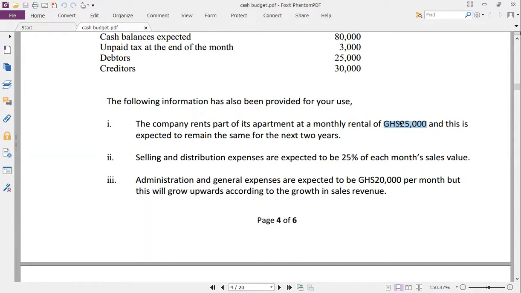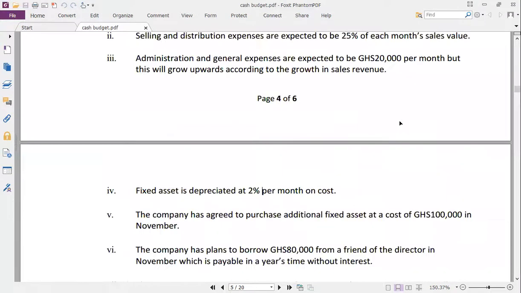Selling and distribution expenses are expected to be 25% of each month's sales value. So we find 25% and treat it as selling and distribution expense. We are done. Now note 3.